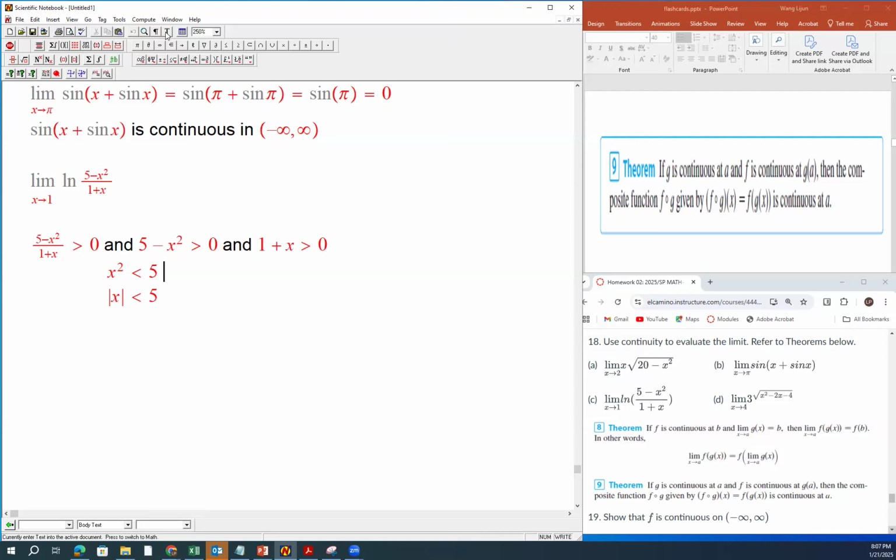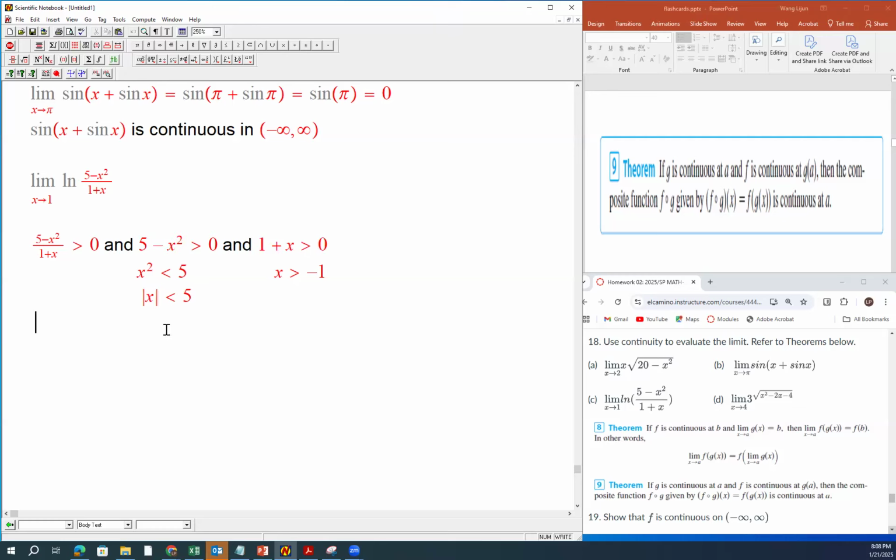On the other hand, the denominator 1 plus x must be positive. And then from here, x has to be what? x has to be larger than -1, right? If we combine these two, what do we get?